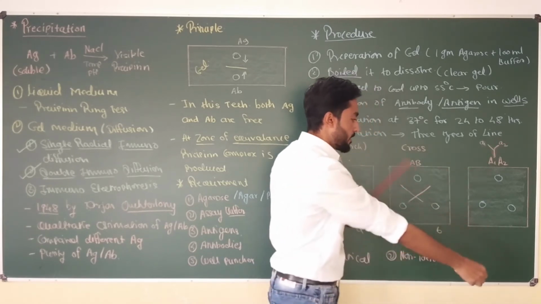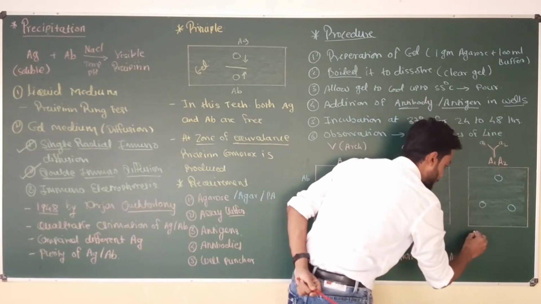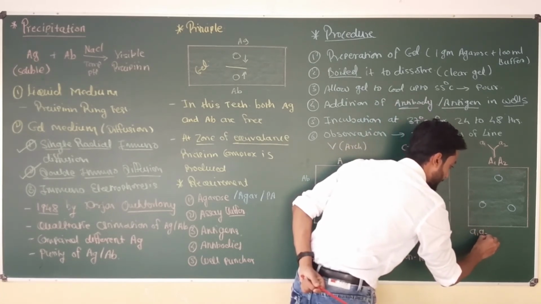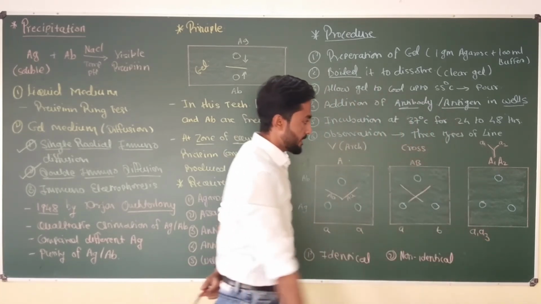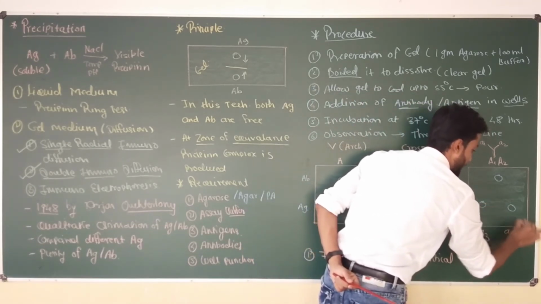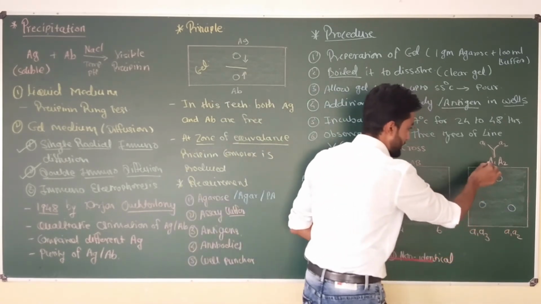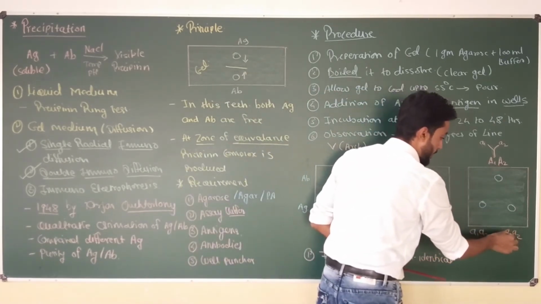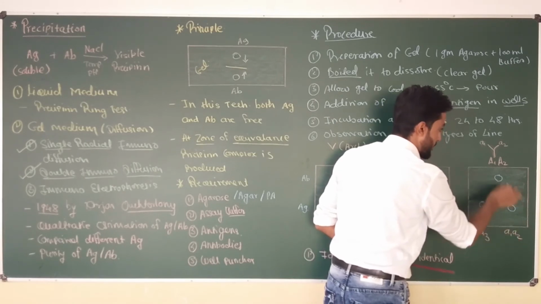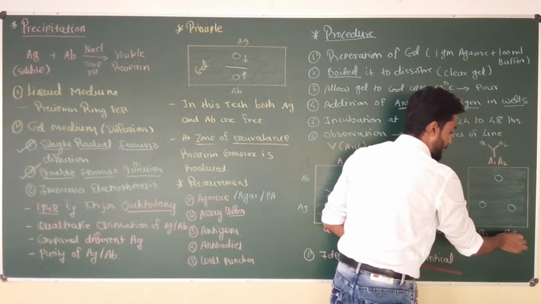Now if I add one antigen into this well, and this antigen has epitopes A1 and A3, and in the second well I add an antigen which has epitopes A1 and A2. Listen carefully now. The A1 portion of the antibody is going to react with the A1 epitope, and the A2 portion of the antibody is going to react with the A2 epitope of the antigen.